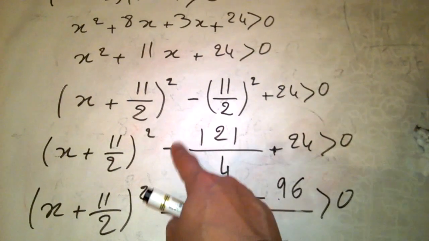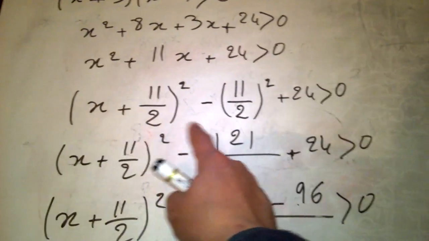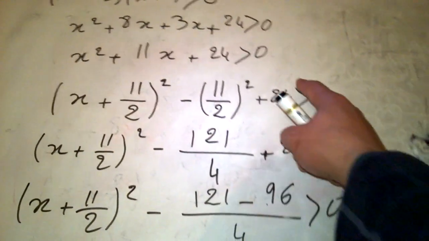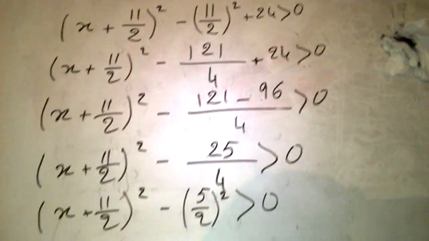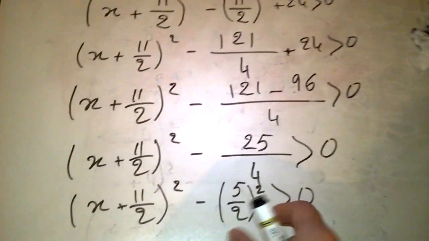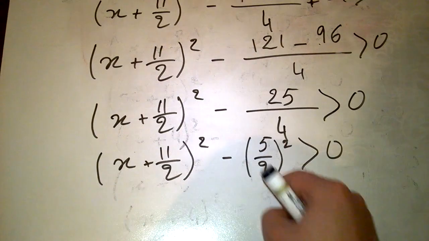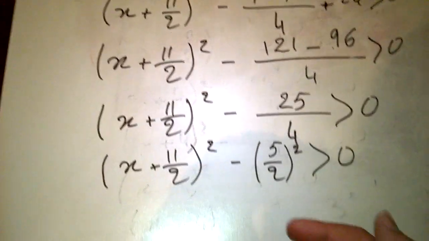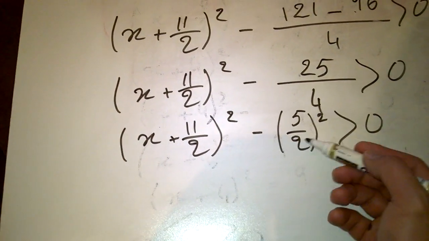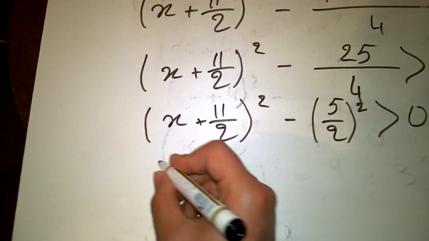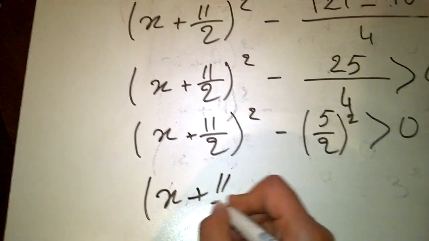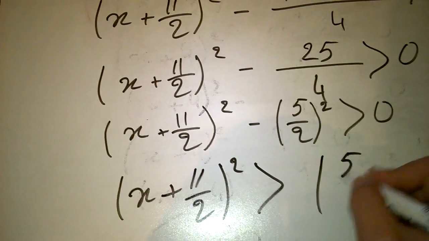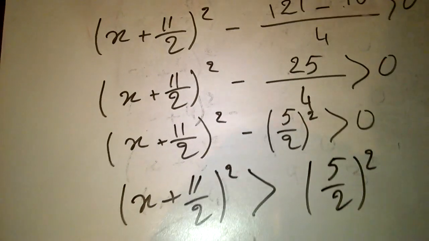This is what you subtract back from what you add, and then you add the c, and usually they come together to something squared, like 5 squared over 2 squared, which is 25 over 4. Now this 5 over 2 squared, we take it to the other side, we'll get x plus 11 over 2 squared is greater than 5 over 2 squared.